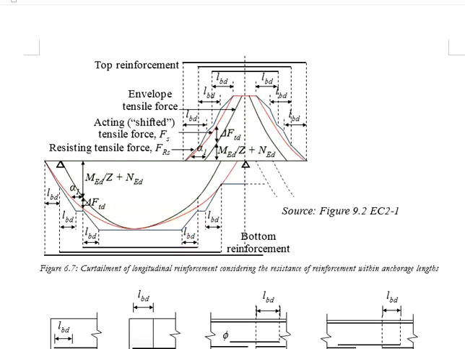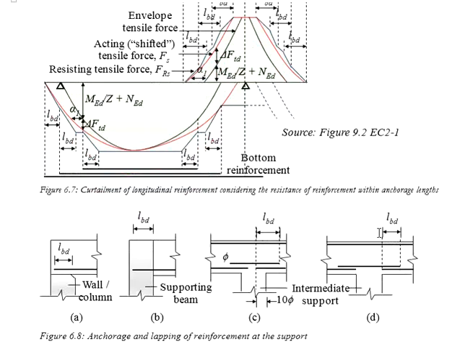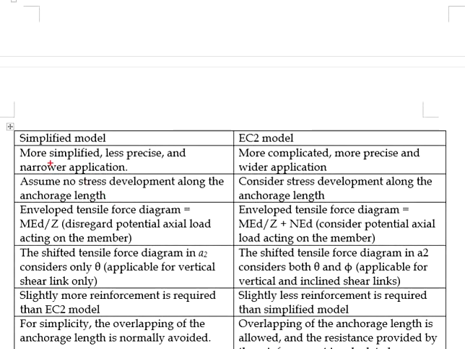This might not be fully accurate in reality, where the development of the stress along the anchorage length most likely will be parabolic. For simplicity, the Eurocode 2 model assumes a linear development in terms of the stress, which is good enough and more accurate as compared to assuming no stress development by the simplified model.